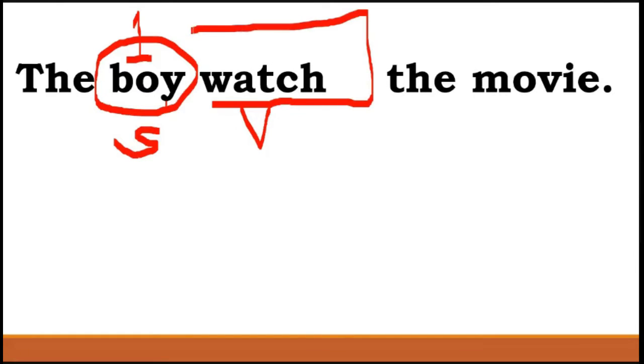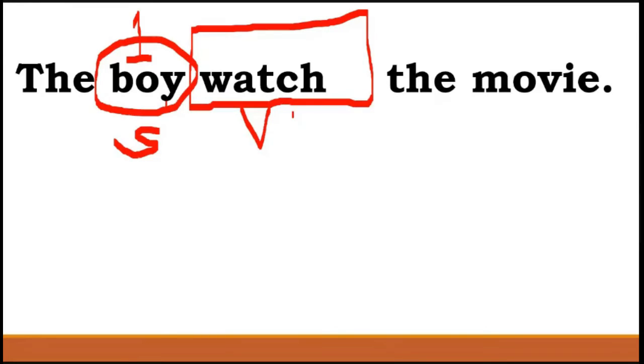So if we have one subject or one boy, the verb will be in its singular form also. What is our verb here? Watch. Okay, so this is our verb. Is this written correctly? Okay na ito? Tama po ba ang pagkakasulat ng watch? The boy watched the movie. How do we write the S form of the verb watch?